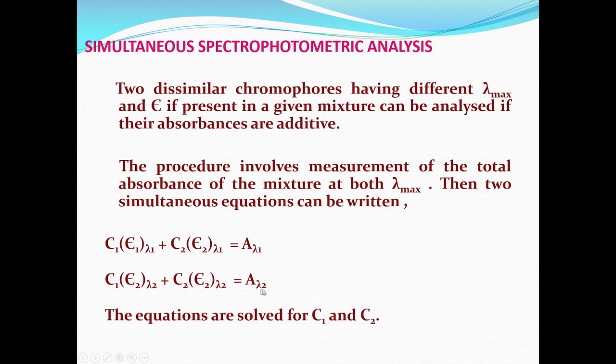Obviously the molar extinction coefficient will change, which is why we have put epsilon 2 for C2. Then there are two variables and two equations, they can be solved for C1 and C2. This permits us to determine two different substances in the same sample by making only two measurements.